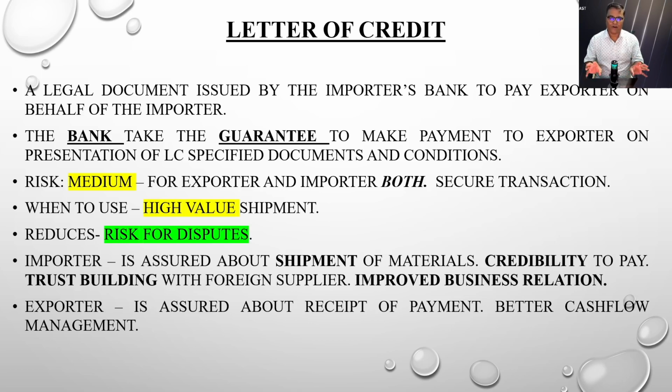So if you meet certain conditions of that letter of credit or provide certain documents as agreed by seller and buyer in the LC terms, then the bank will make you the payment. Here the bank takes a guarantee to make payment to the exporter on presentation of some specified documents as per the letter of credit. I hope you get this idea.